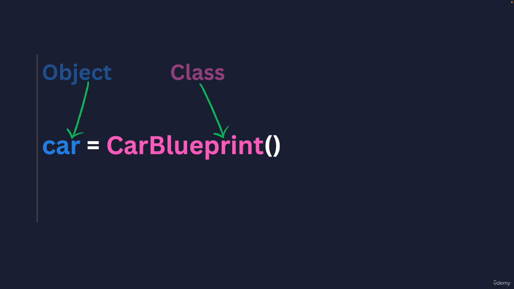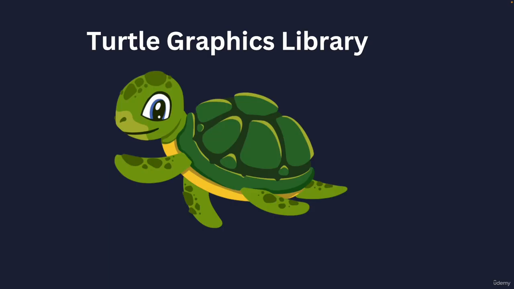So far, everything that we've been creating has been in the console, right? So you click the run button, it just shows some numbers and stuff like that there. But now we're actually graduating into graphics. Using the Turtle graphics library, we can have a screen showing something to us. It's really, really cool. You can do a lot of interesting things with this.